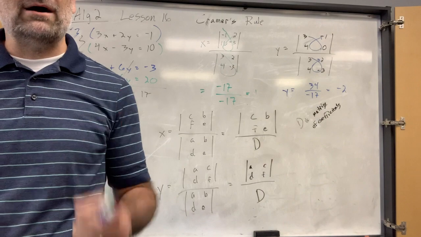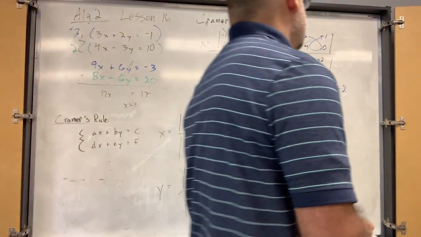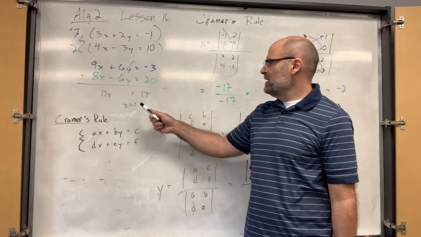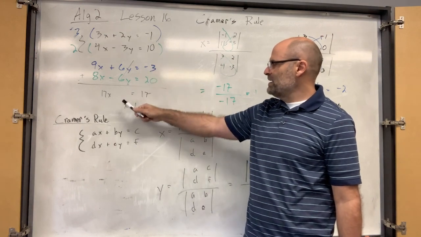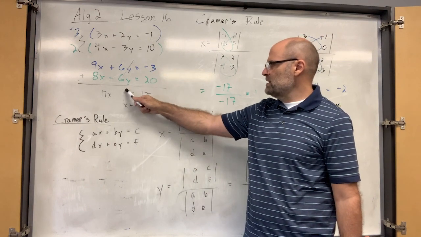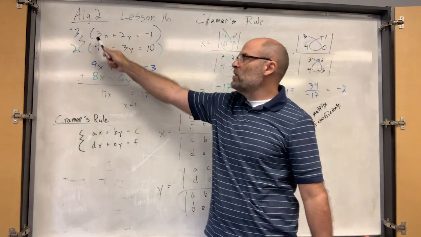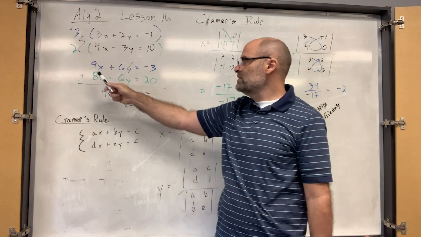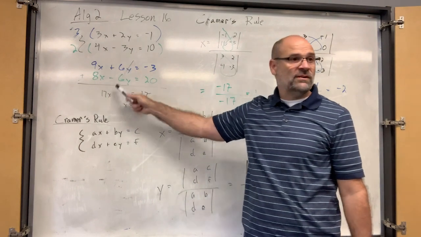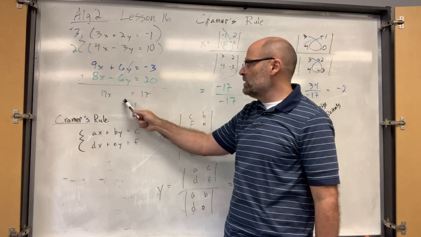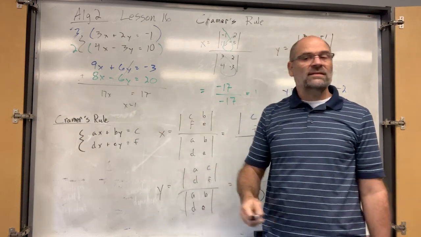Okay, so now, if you're solving by elimination, and you get down to here and you multiply by 3 and multiply by 2, and both of the variables cancel, then you get like 0 equals 17.